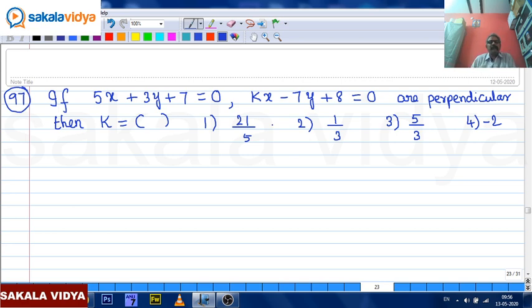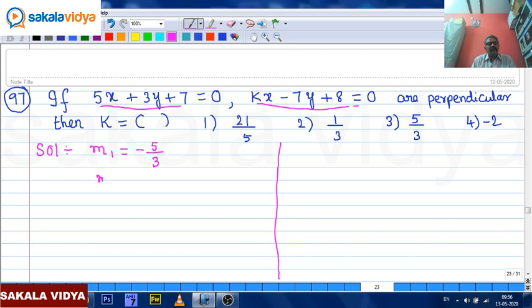Okay. These two lines are perpendicular. Since these two lines are perpendicular, the product of the slopes is equal to minus 1. First, let us do the first method. Solution. Slope of the first line m1 equals minus 5 by 3.